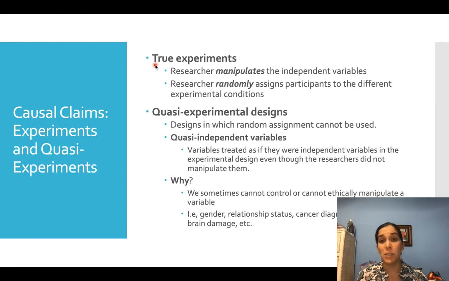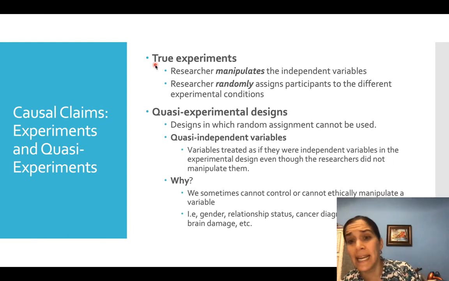And in a quasi-experimental design, this is when you can't manipulate one of your variables, which means you can't randomly assign people to these different variables. So, for example, let's say cancer diagnosis. I want to understand whether cancer diagnosis impacts depression scores. So I want to see whether you have cancer or you don't have cancer and whether that has significant differences in your depression rate.